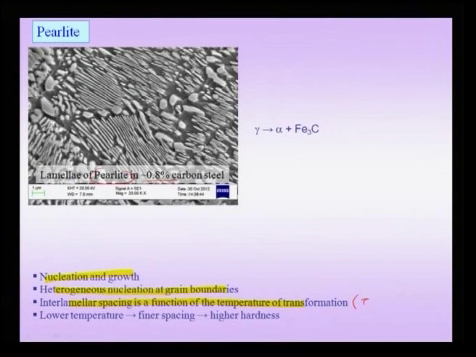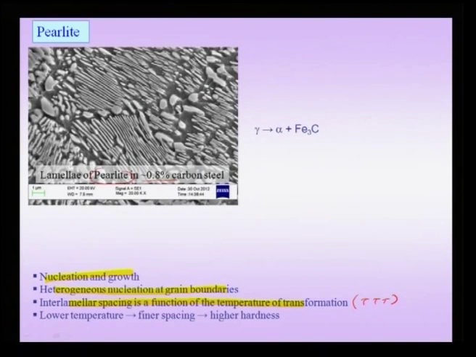Suppose I am talking about a TTT scenario; if I am talking about a CCT scenario, then I have to talk about the cooling rate. In other words, we have already seen that a faster cooling rate gives you a finer microstructure. Similarly, if you do the transformation at a lower temperature, you obtain a finer pearlite.